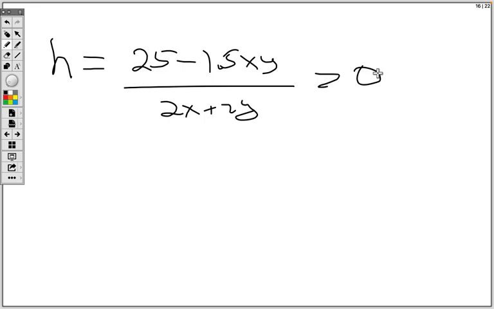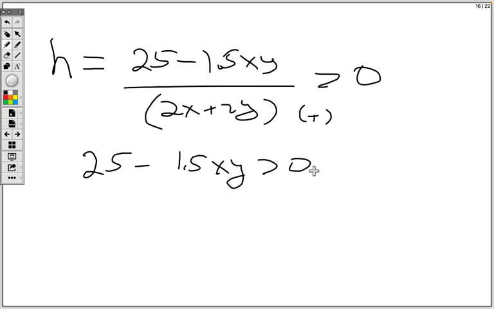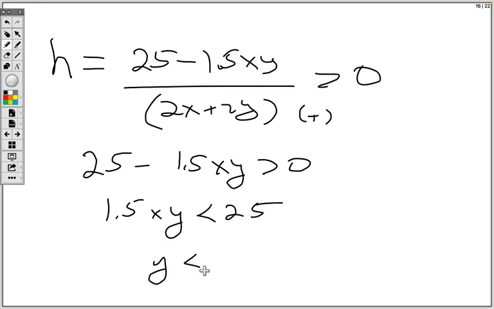That's going to have to be bigger than 0. And if our denominator is always going to be positive, that means the numerator's got to be positive. So I need 1.5xy to be less than 25. So I need y to be less than 25 over 1.5x.